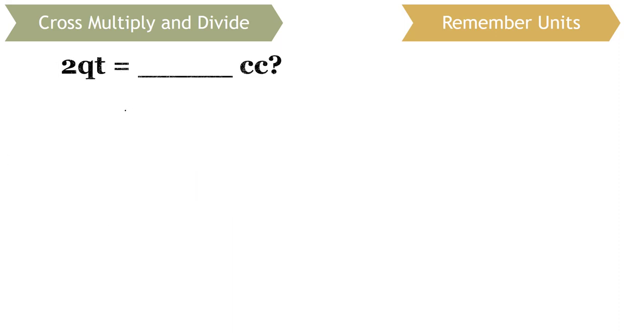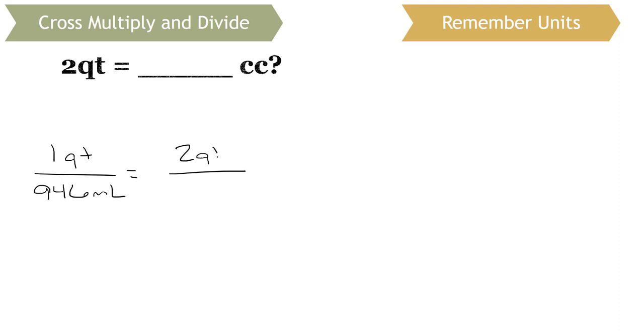Alright, so here we have 2 quarts equals how many cc's? Well, we know that 1 quart is equal to, remember, cc's and milliliters are the same thing, 946 milliliters.